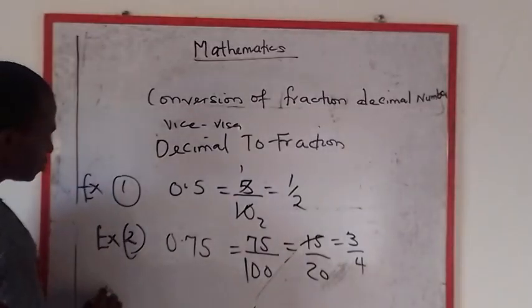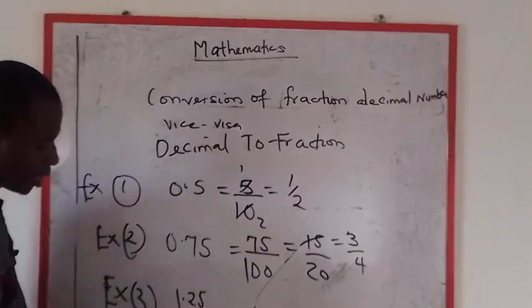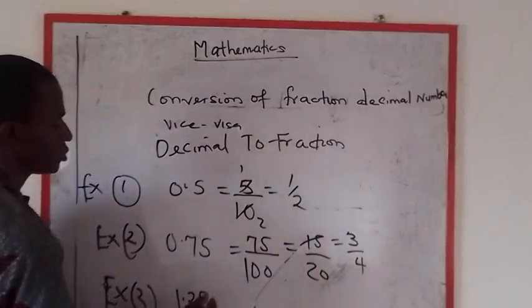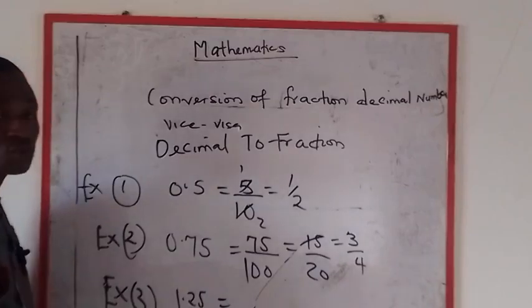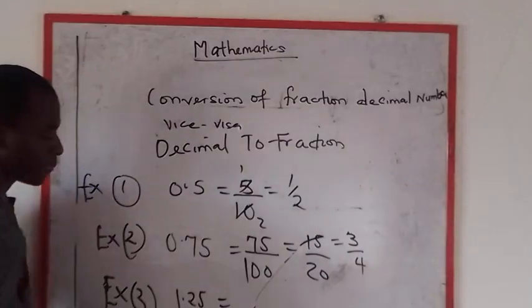The last of them I will do is example 3. In this one we have 1.25 that we had previously when we were converting our fraction to decimal. Now we want to convert it to fraction. What do we do? It's just the same principle.